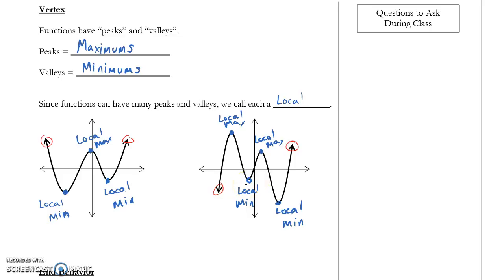Maximums and minimums only happen when your function changes direction, goes from going down to going up. That change of direction is an extreme, it's a vertex. So we would just make sure that we point out that the arrows don't count as local maximums or minimums.